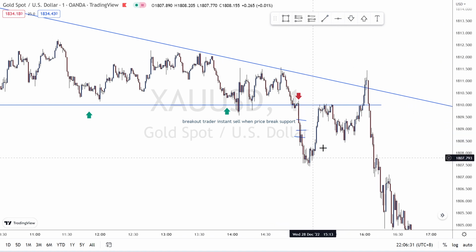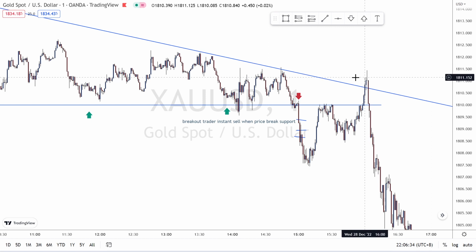And the price goes down a few pips, and goes up taking out breakout traders' stop loss. And goes down.